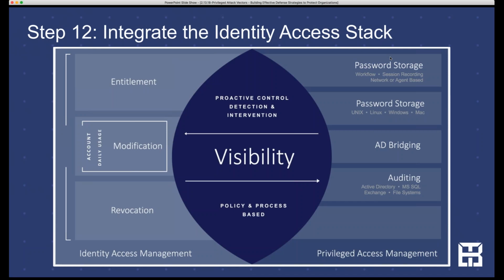It's a visibility play. Identity and access is saying, John Smith can do this. Privileged access management is saying, John did this. And in the middle, from a visibility perspective, you're able to say, is what John Smith did appropriate? And that's what an auditor wants. That's what you want as a security professional. I gave him access to do this.